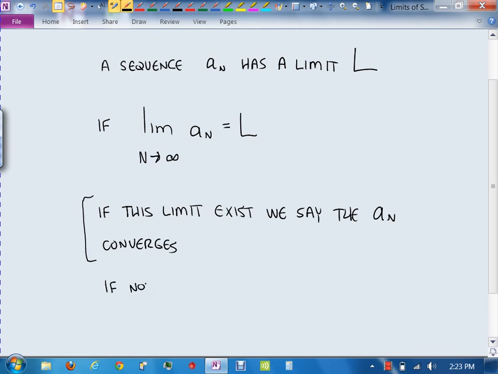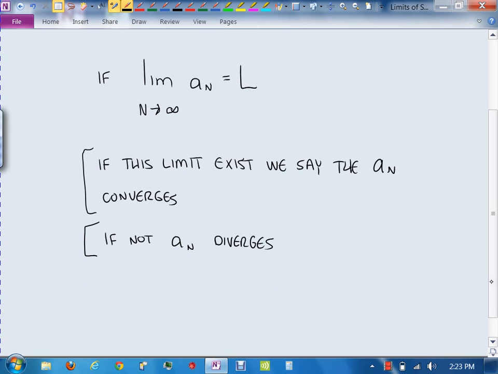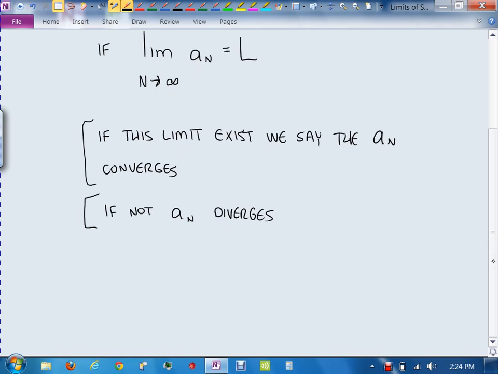If not, A sub n diverges. So our sequences are either going to converge or diverge, right? Converge or diverge.